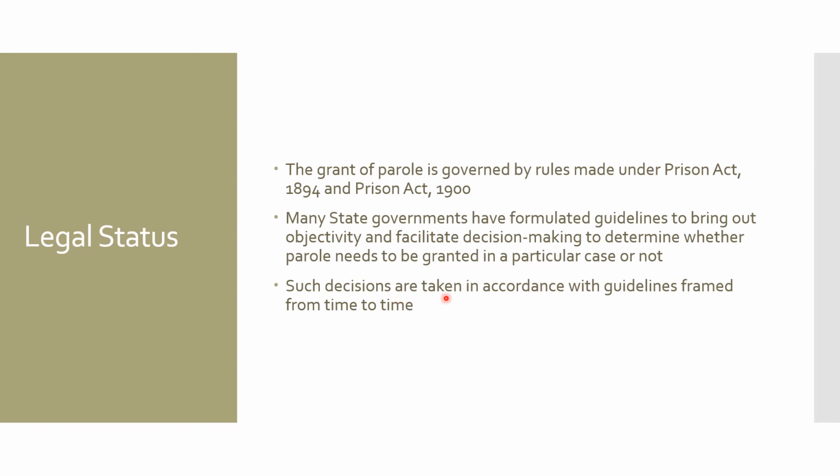Such decisions are taken in accordance with guidelines framed from time to time. And realistically speaking, it was not until the Supreme Court and many high courts of India actually came up with the aspect covering parole.